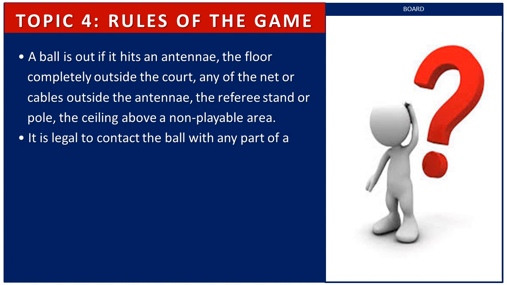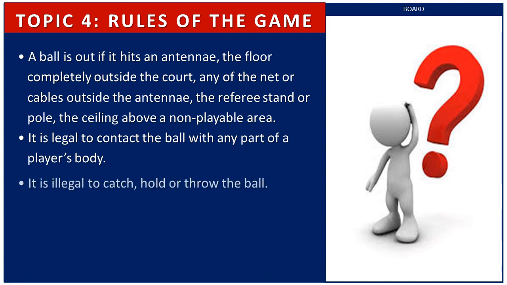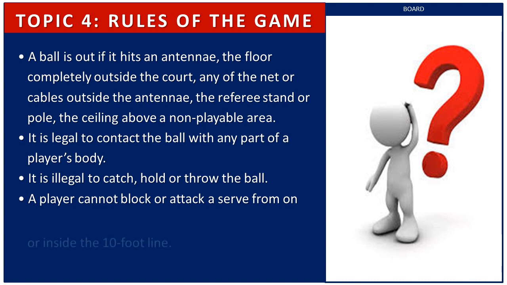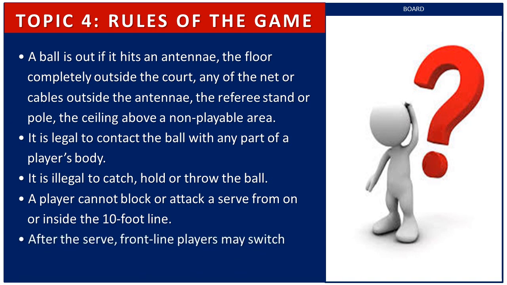It is legal to contact the ball with any part of a player's body. It is illegal to catch, hold, or throw the ball. A player cannot block or attack a serve from on or inside the 10-foot line. After the serve, frontline players may switch positions at the net.